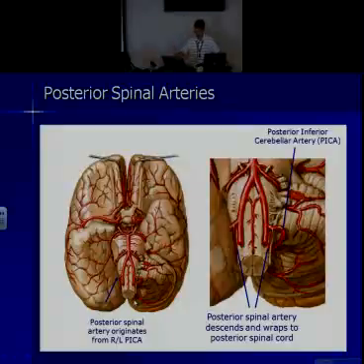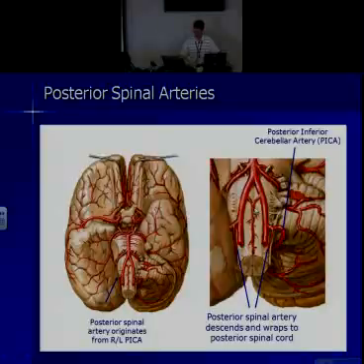So you can see how one artery can have widespread effects, whether it's cerebellar signs or posterior column signs in the upper part of the spinal cord. So make note that these sneak out off of that PICA, or posterior inferior cerebellar artery.